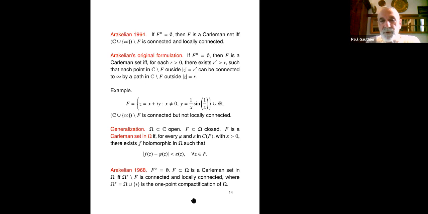F is a Cauchy-Riemann set if and only if for each circle of radius r, there exists a larger circle of radius r prime, such that any point outside of F and also outside of the larger circle can be connected to infinity by a path which still lies outside of F and never returns to the smaller circle. That's a lot easier for some people to understand. I mean, you don't need to know topology really to understand that.